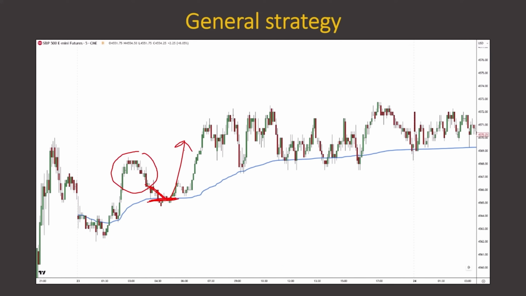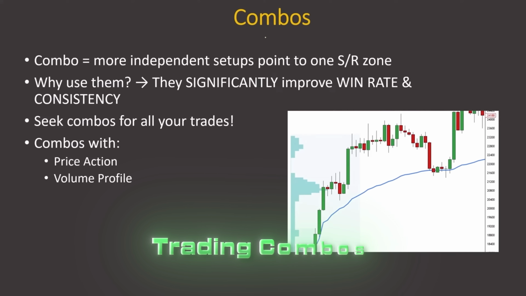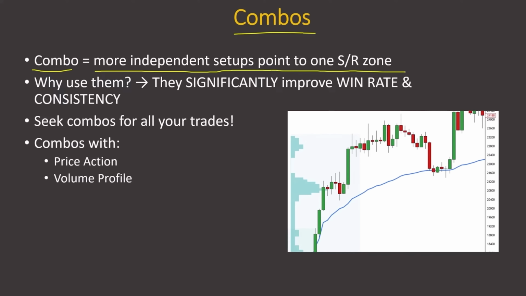Personally, I like to see a bit more before making a trade. I want to see some confirmation or a combo of multiple strategies. So now I'll talk about the combos. Combos is where multiple independent setups point to one strong support or resistance zone, right?